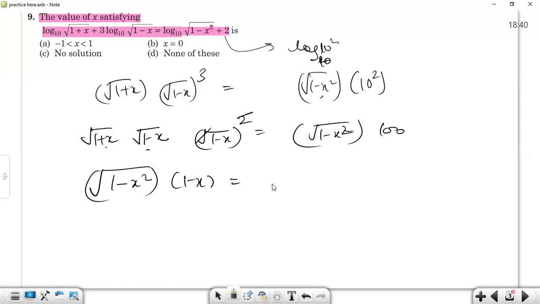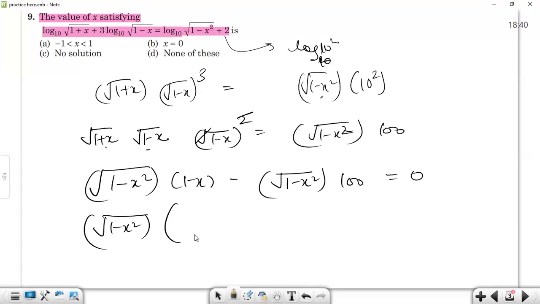Understood why so? Yes, sir. Okay. Now let's bring this term to the left hand side. The positive sign will change to negative, and this will be equal to 0. After taking square root of 1 minus x square common, 1 minus x minus 100 is equal to 0.